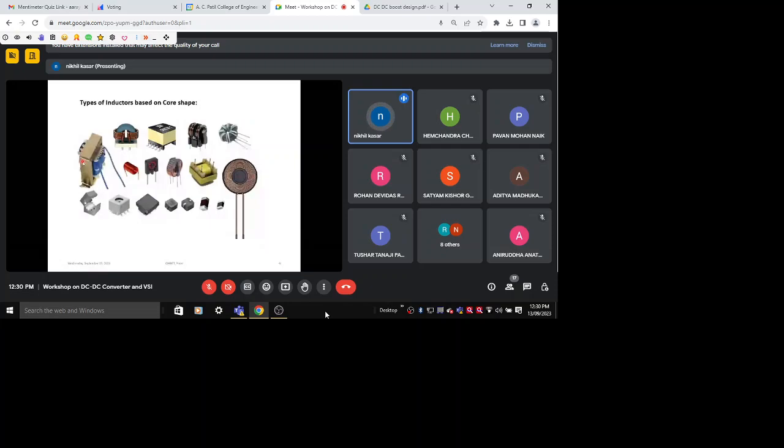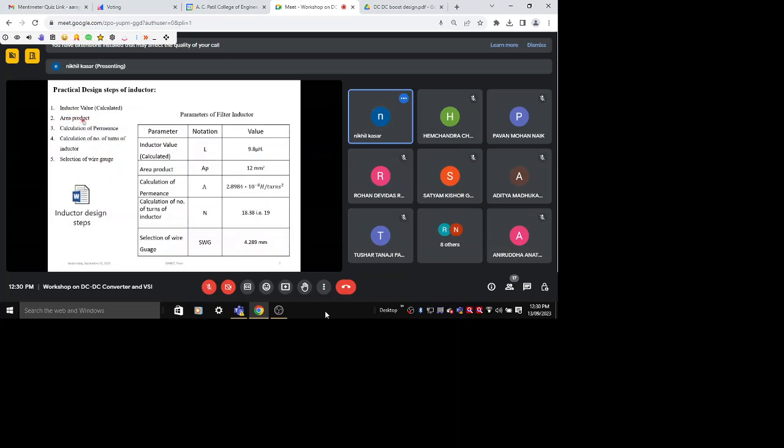Right now, the design of inductor. Inductor calculated. We have just calculated the value. My following steps of product area is area of core is nothing but product of two values, that is core.